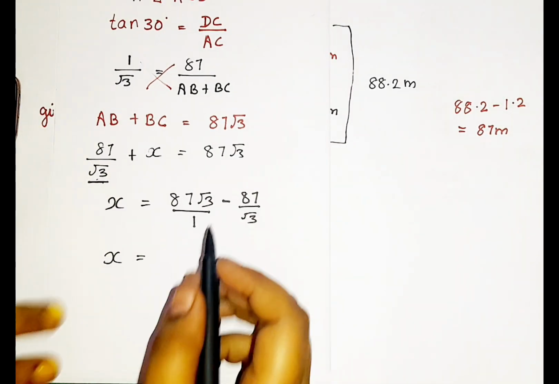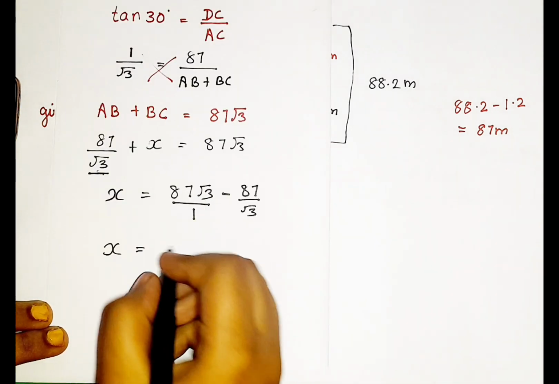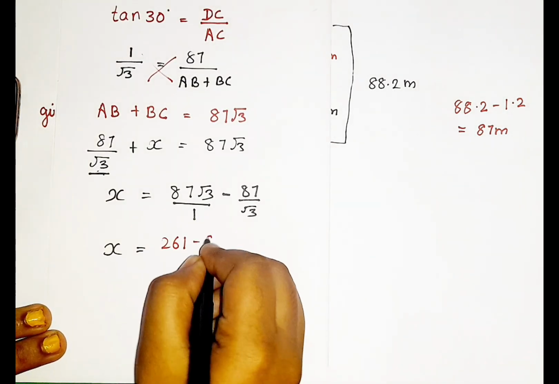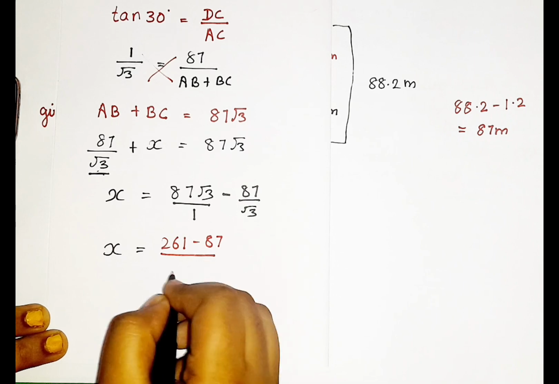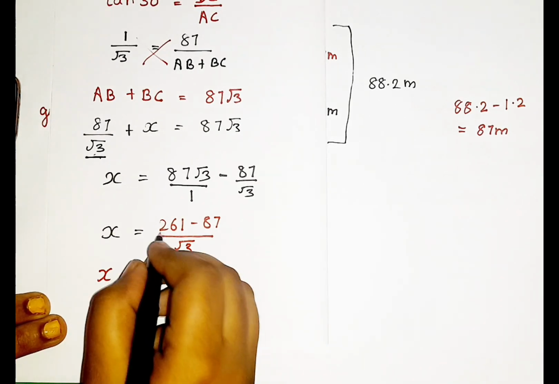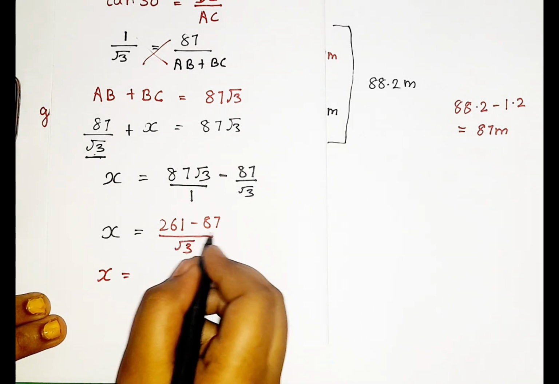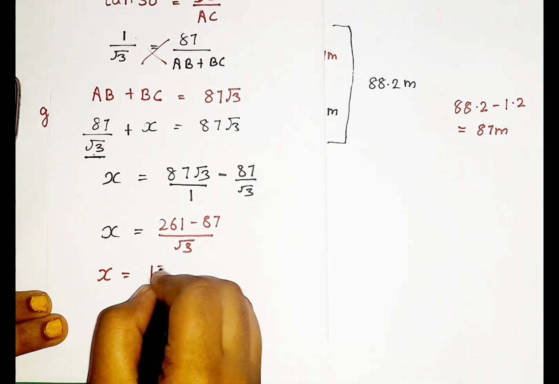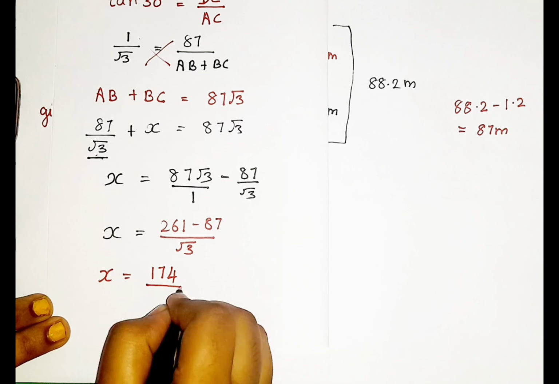When we take LCM, we'll get 261 minus 87 divided by root 3. So X is equal to 261 minus 87 is 174 divided by root 3.